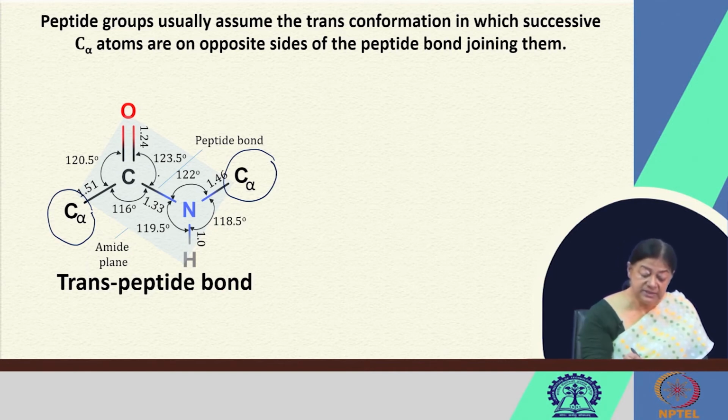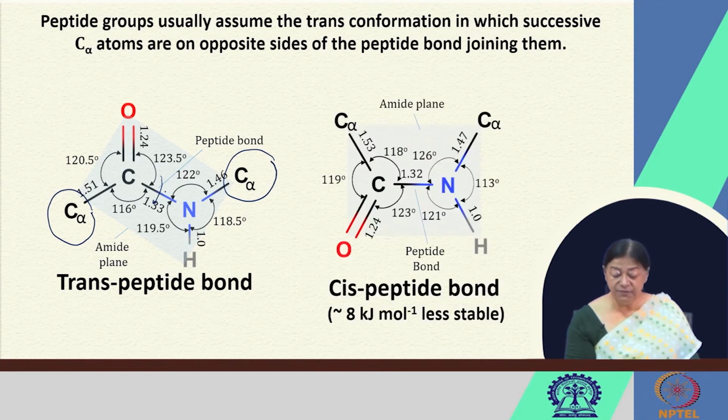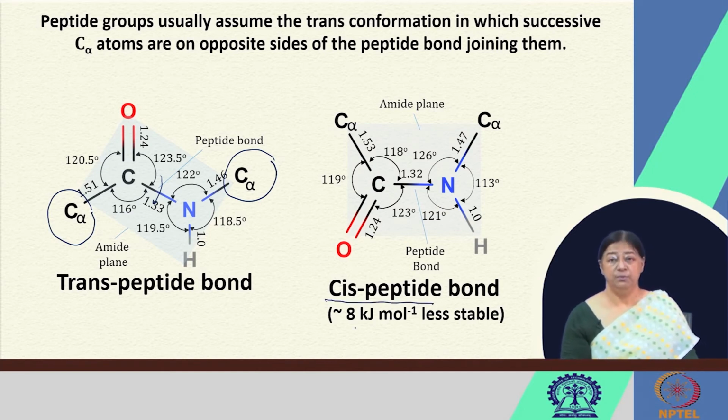But since this still has some rotational property possible because of its single and double bond character, the partial double bond formation restricts its rotation, but it also remains partially in a single bond form, which will allow rotation. And if that rotation does occur, we will form what is called a cis peptide bond.